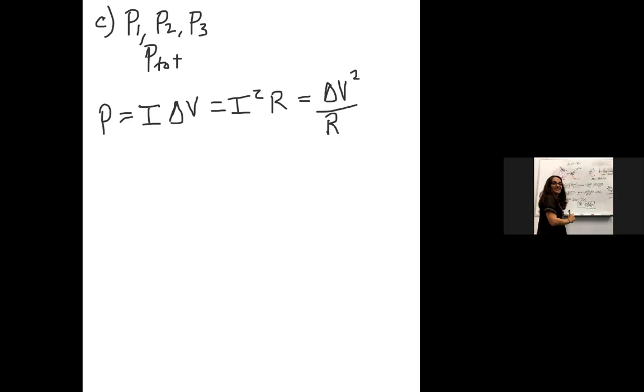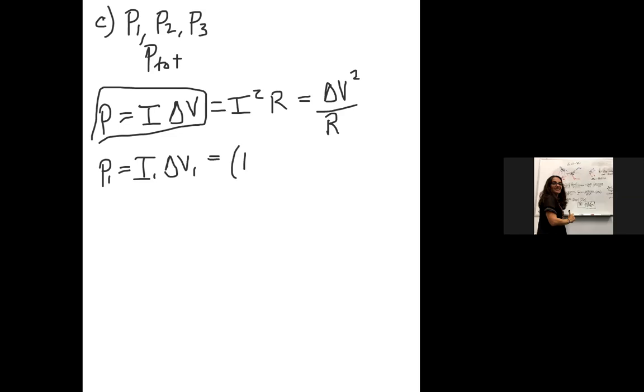Well, I could really use any of them. I have all of the values. I have V1, R1, I1, V2, R2, I2. But the first one doesn't require any squaring or dividing, so I'm just going to use that one. So the power flowing through bulb 1 is the current flowing through bulb 1 and the voltage across bulb 1.